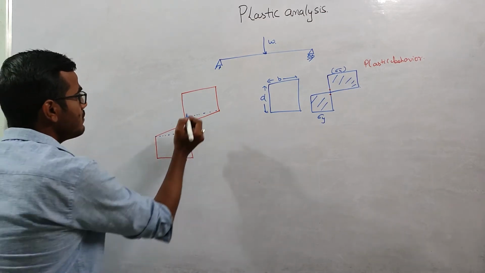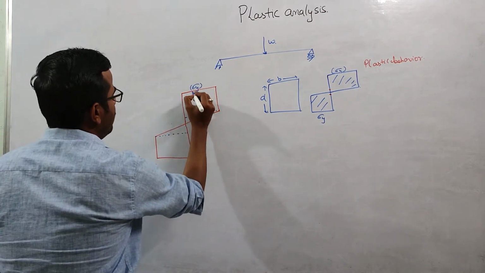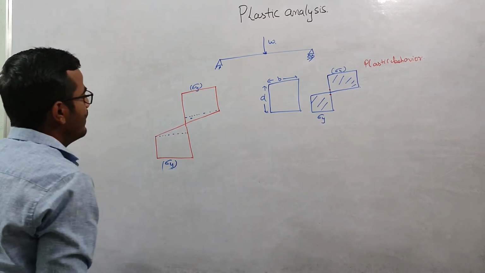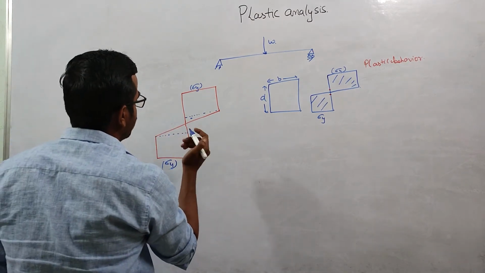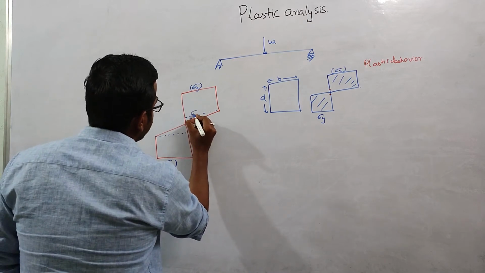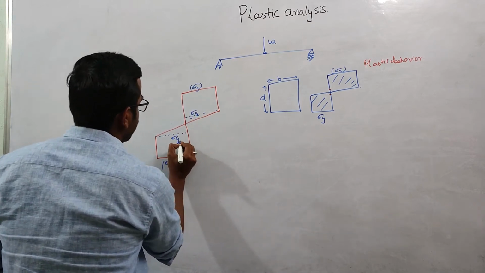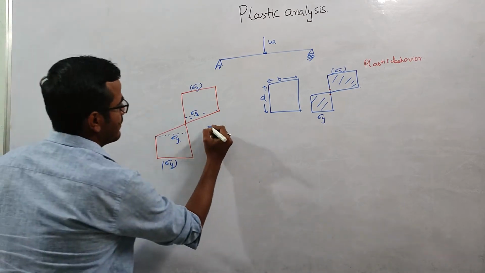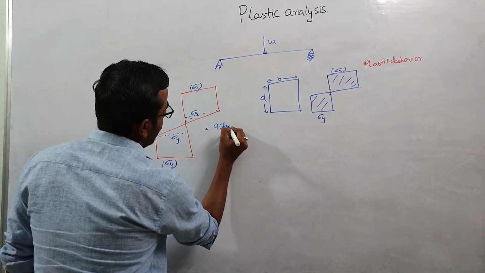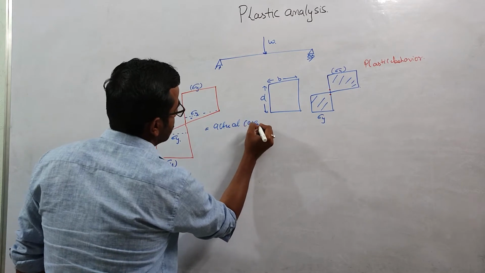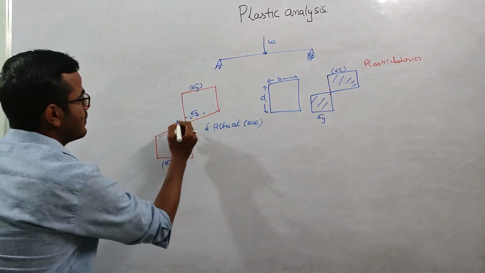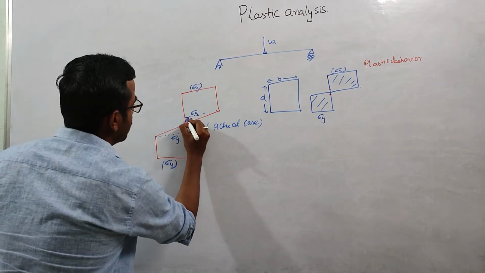The stress will be sigma y over here because we are considering a rectangular cross section, and it is symmetrical about both the axes. So this will be the actual case, where we have some elastic portion, the elastic core, in the cross section.